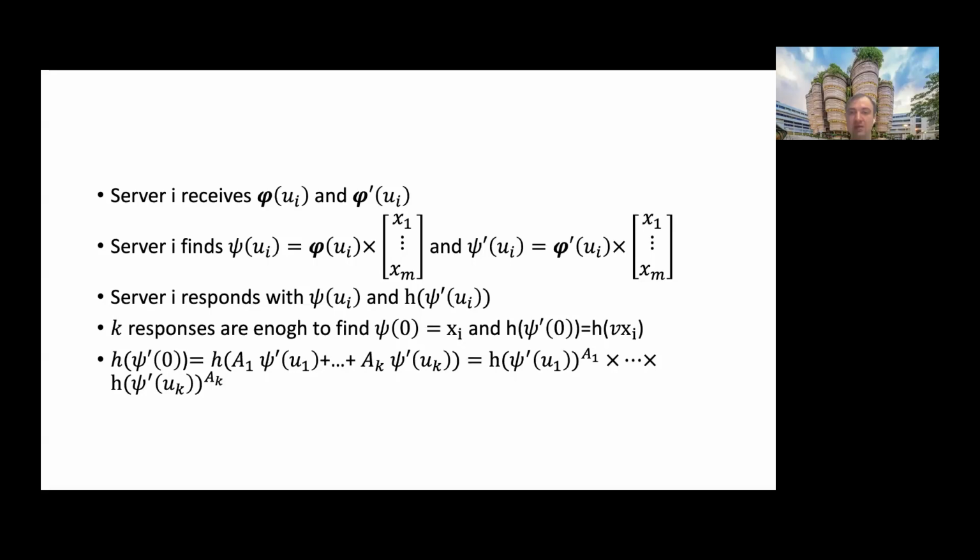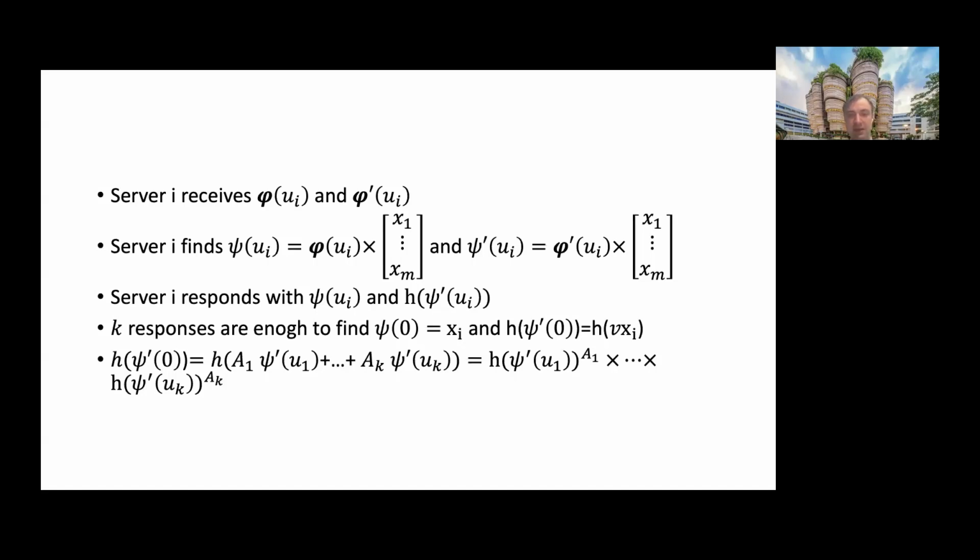So we can take the hash of psi prime at point 0, which is computed from the hash of psi prime at points u_i, and clearly the hash of psi prime at point 0 is the hash of V times Xi, because psi prime at point 0 is equal to V times Xi. At the same time, psi at point 0 is equal to Xi.